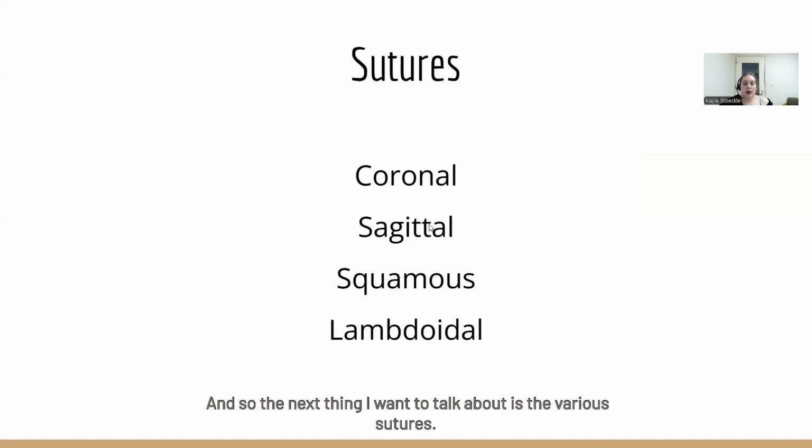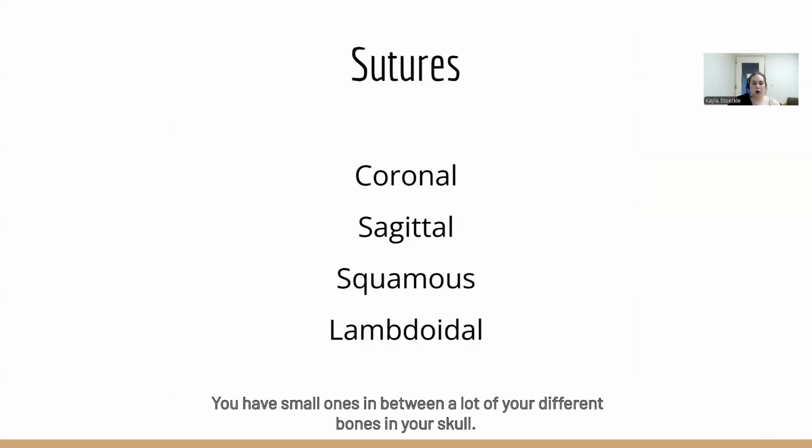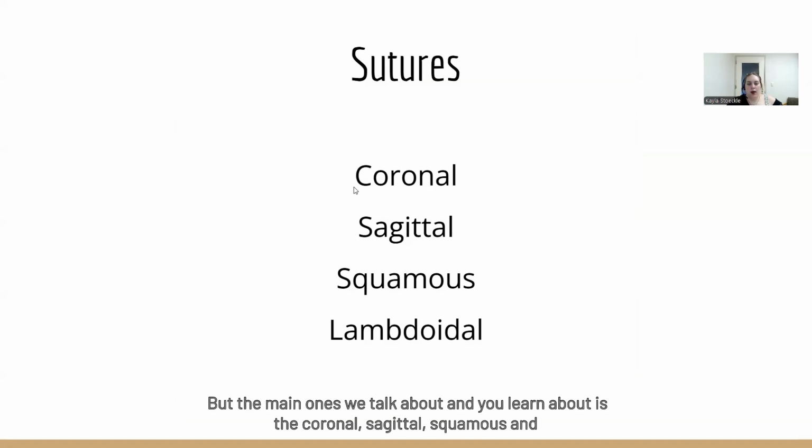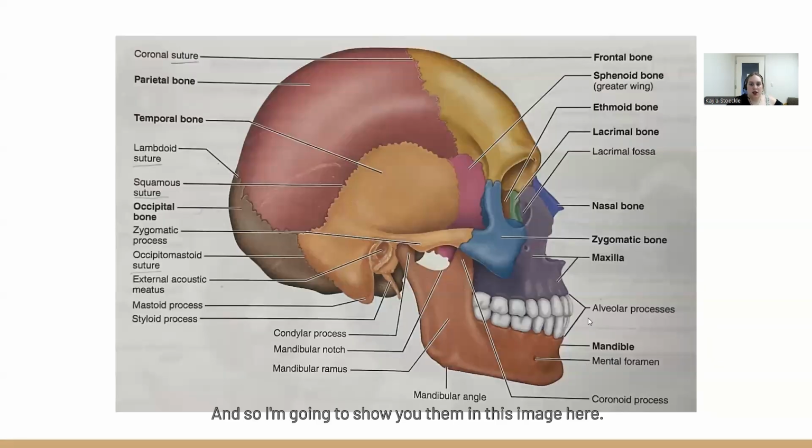The next thing I want to talk about is the various sutures. You have small ones in between a lot of your different bones in your skull, but the main ones we talk about and you learn about are the coronal, sagittal, squamous, and lambdoidal sutures. I'm going to show you them in this image here.